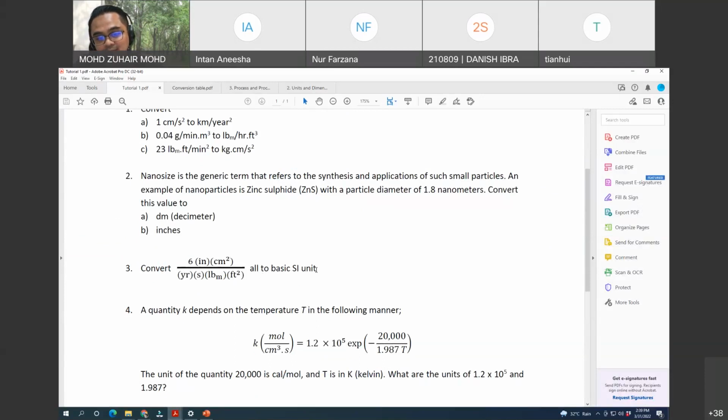What is a basic SI unit? No one? Standard SI unit.